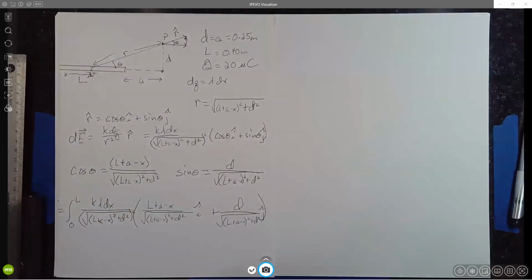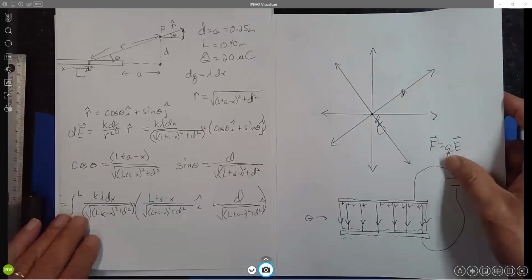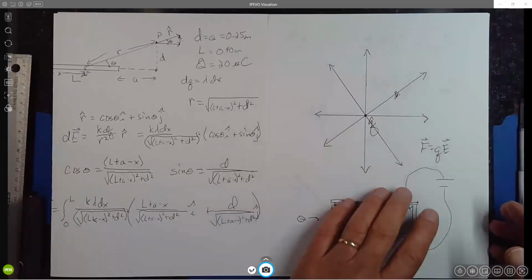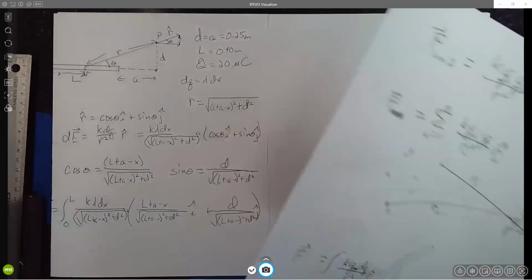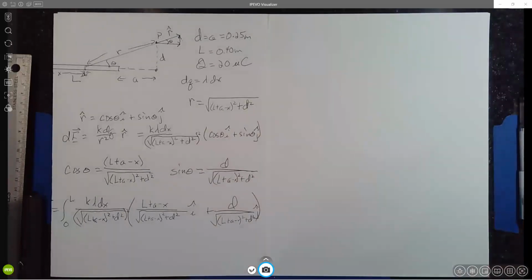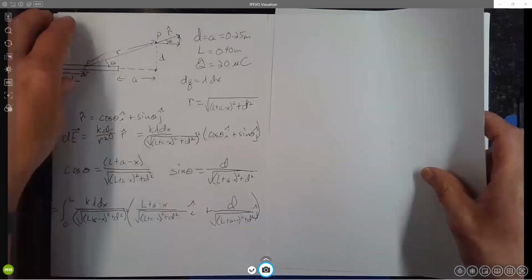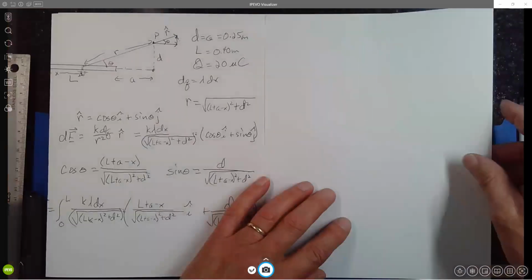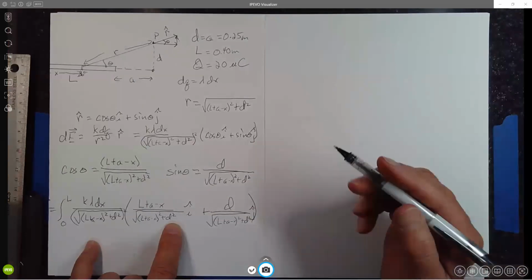I may have lost a little bit there, but that's okay. Let's consider the x part of the integral, on a blank sheet of paper. And I can just call it E sub x.